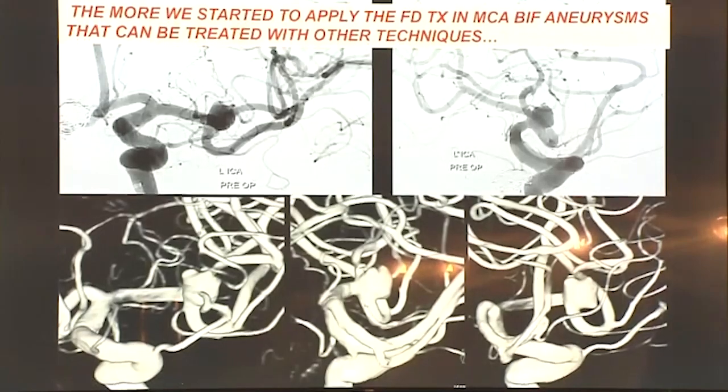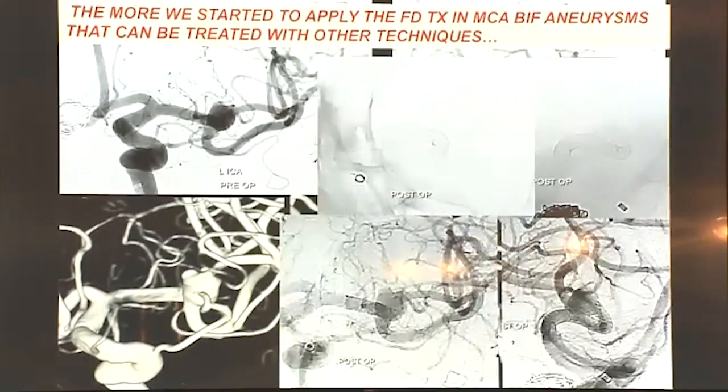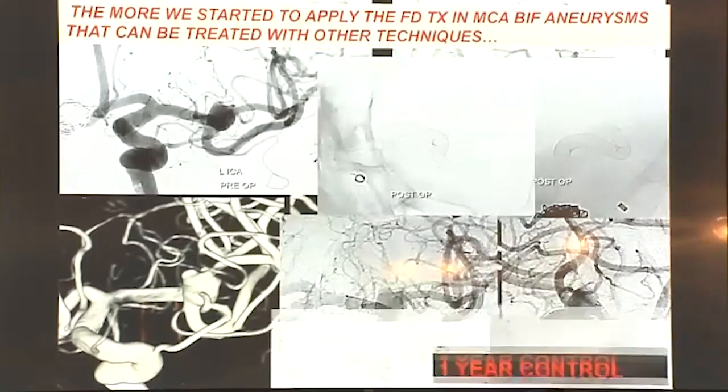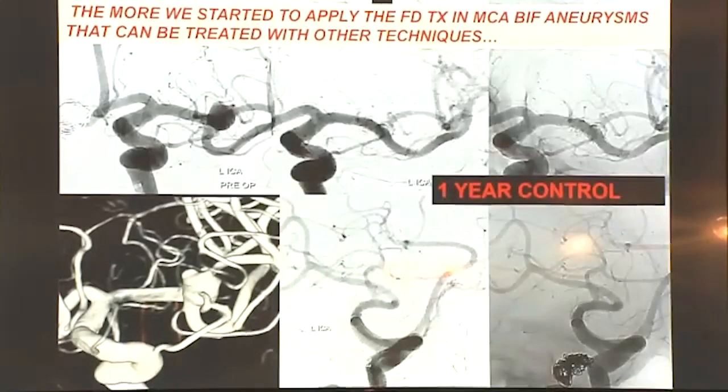Not necessarily very straightforward, very simple bifurcation aneurysms, but for example, this one can easily be treated by Y stenting. The angles are straightforward, a 90-degree angle shouldn't be a problem, but why bother doing Y stenting when you can put a flow diverter, very easy, and have this 1 year control result?